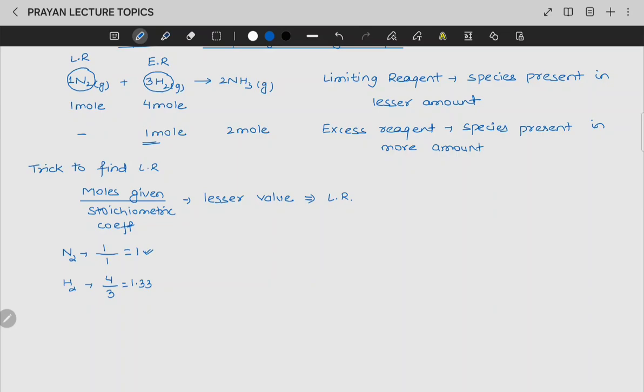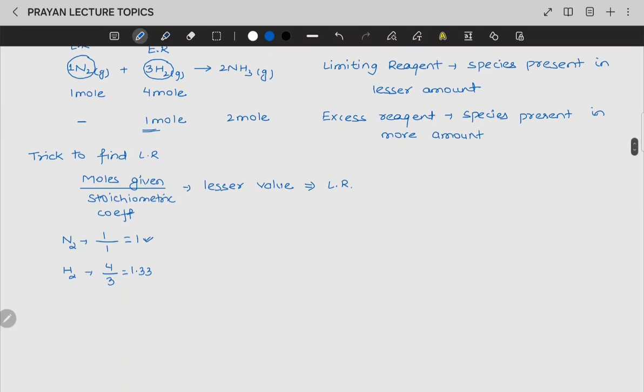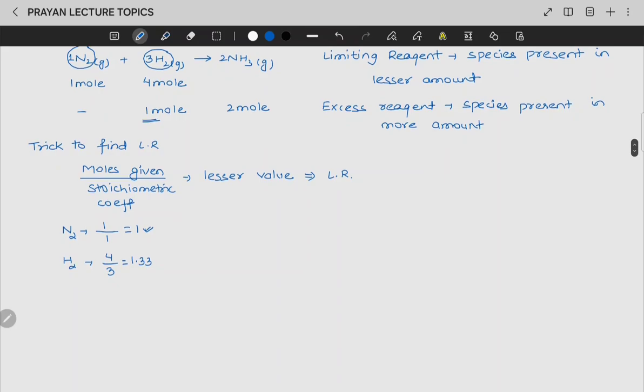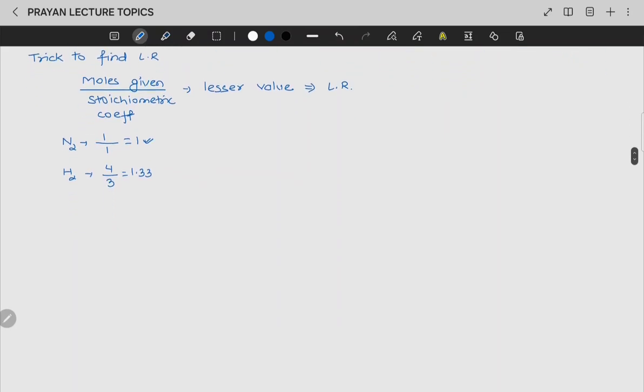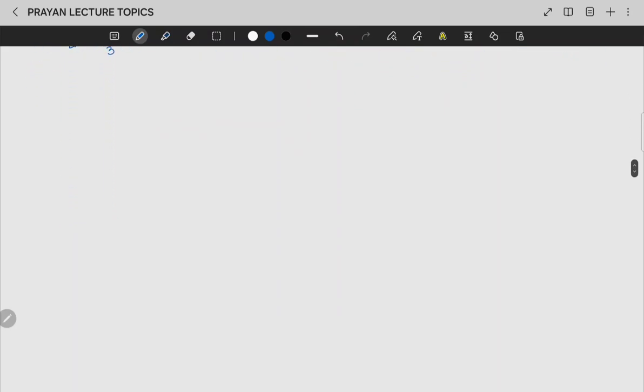Now we can also write this in terms of volume, or in terms of number of molecules. Let's take the case in which volume is given. For example, let's say we have a reaction like H2 gas plus Cl2 gas giving us 2HCl gas.